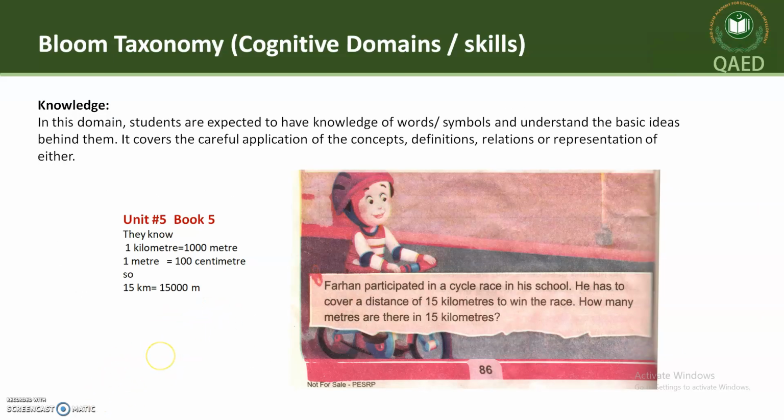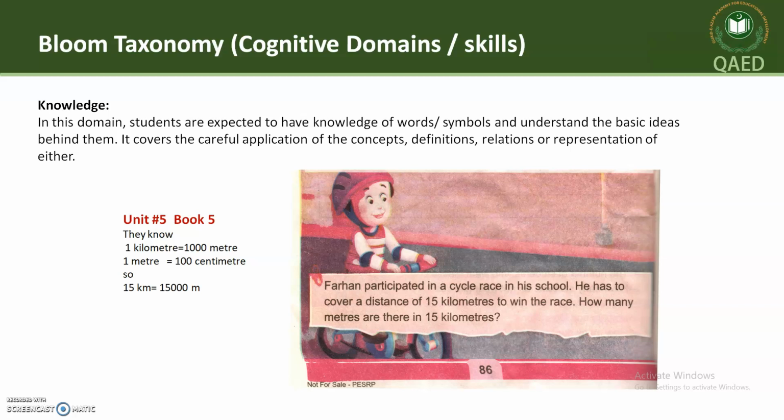Like you can see in Unit 5 of Book 5, there is a question: Farhan participated in a cycle race in his school. He has to cover a distance of 15 kilometers to win the race. How many meters are there in 15 kilometers? You already know that 1 kilometer is 1000 meters and 1 meter is equal to 100 centimeters.